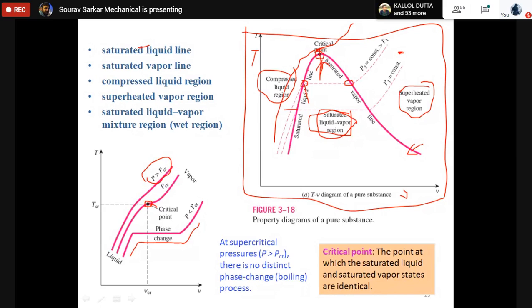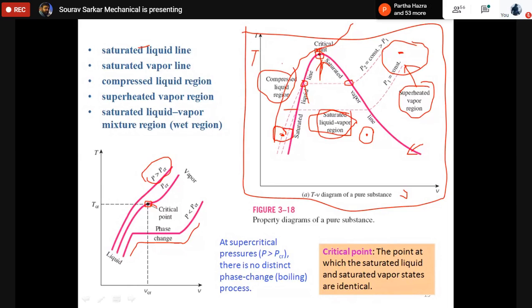And if I locate the point, I can specify what its present state is. If the point lies somewhere there, I can say it is a mixture. If I found that the temperature is 80 degrees and the volume is, suppose, 0.2, I can find out that this point lies somewhere there.